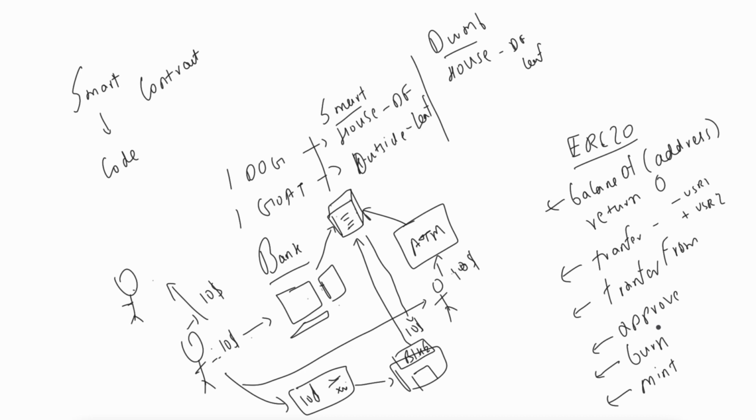Since we now know what an ERC20 token is and how it compares to a real-world banking system, we look into the next thing: swapping, wrapping, and bridging. So, what is swapping? Swapping generally means that you are transferring something to get some other thing, right? The same thing applies here also.